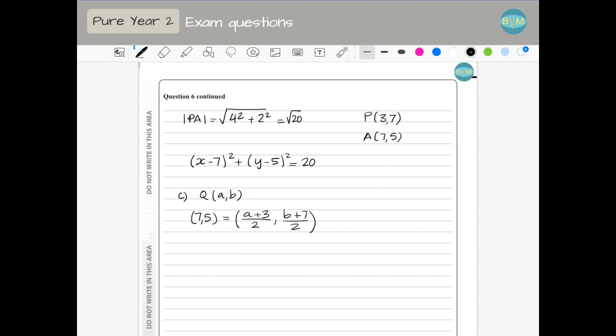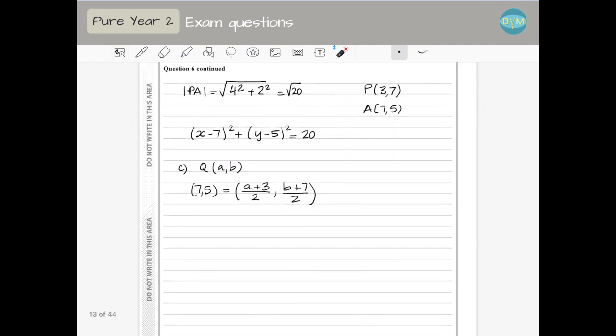So I'm finding the midpoint between these and making it equal to this one. From here I have that 7 is (a plus 3) divided by 2, which means a is 14 minus 3, which is 11. And the other component: 5 is (b plus 7) divided by 2, which means b is 10 minus 7, 3. So b is 3, and point Q is (11, 3).